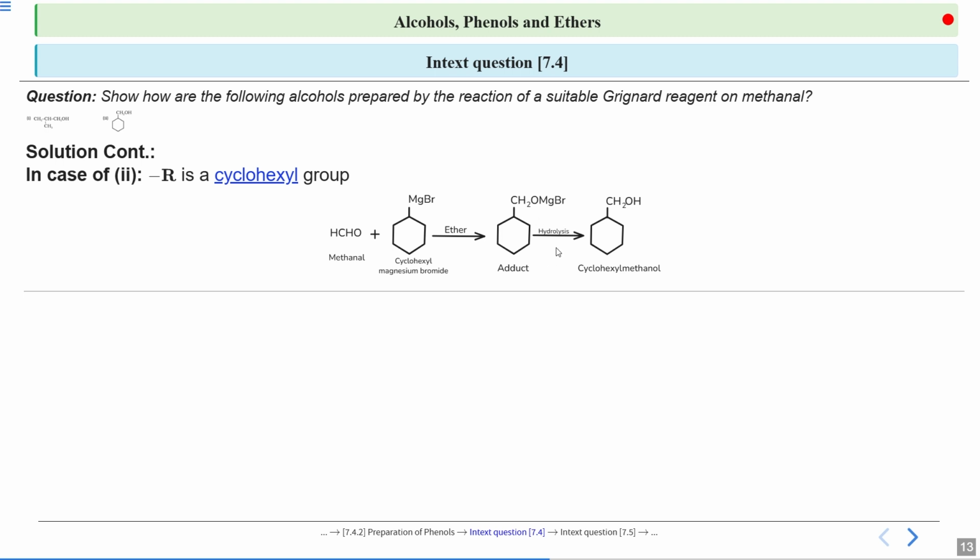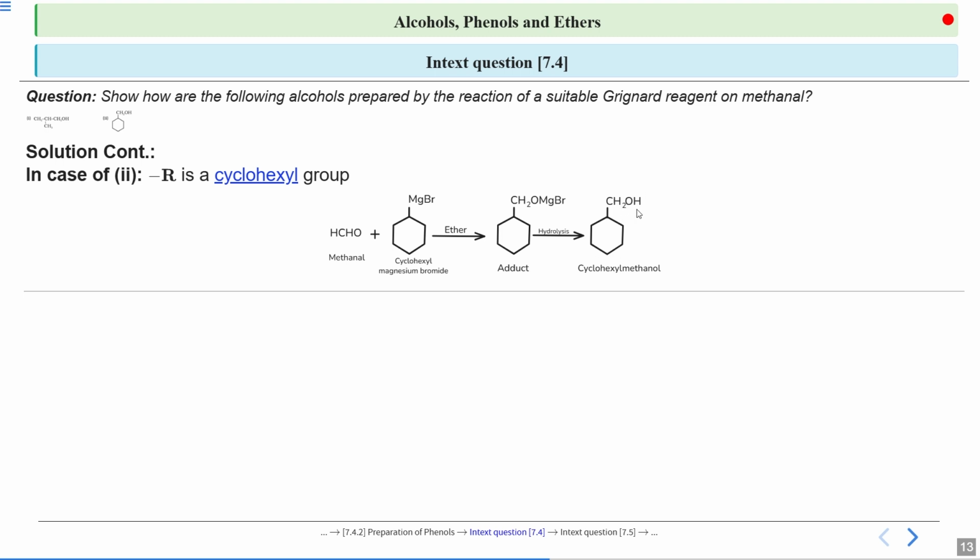Now further you will break it in the presence of water, that is hydrolysis. H plus will attach to this oxygen, and OH minus will attack the Mg. So MgOHBr will leave and you will get cyclohexyl methanol, which is a primary alcohol only. To this carbon, a cyclic group is attached: cyclohexyl and methanol, one carbon.